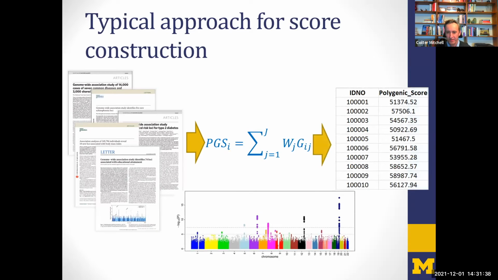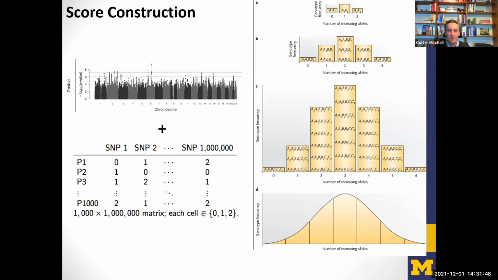And so what we do is we create this polygenic score. It's a single index of an entire predicted probability of having a certain disease. What does that look like? It takes that outside GWAS. Remember the Manhattan plot?